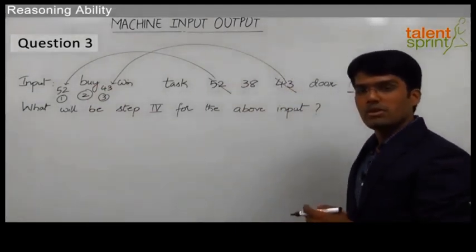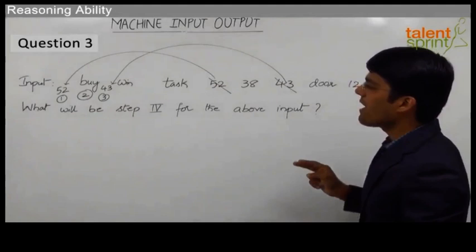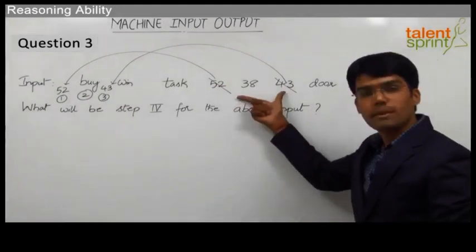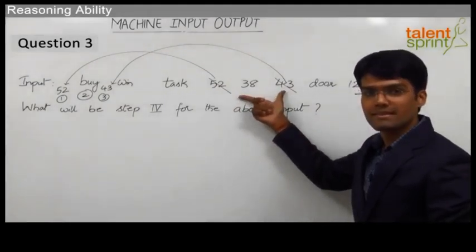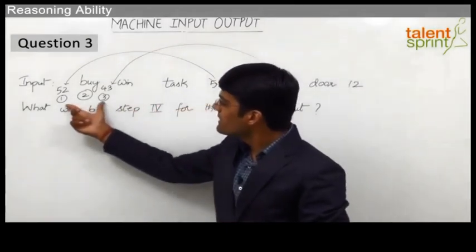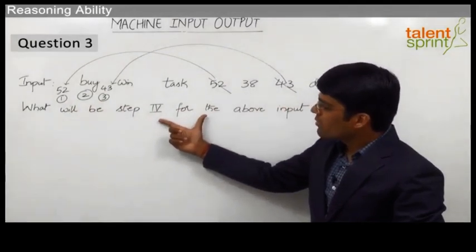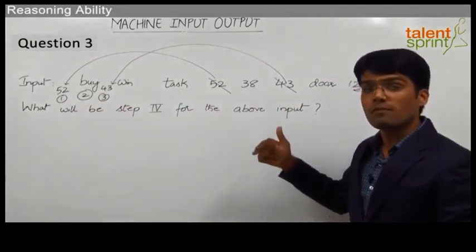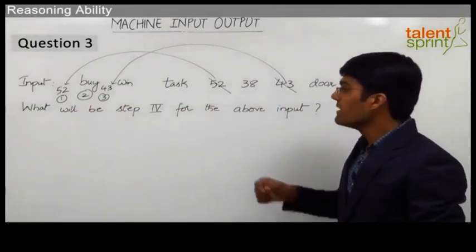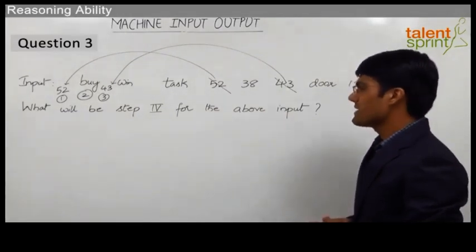I would like to draw your attention to one point here. So far we have finished only 2 steps as there are only 2 cancellations. But the total number of elements which have been arranged is 3. Now, as we are asked to find out what will be step 4, we need to perform 2 more movements, right? So let us see what will be the next step.